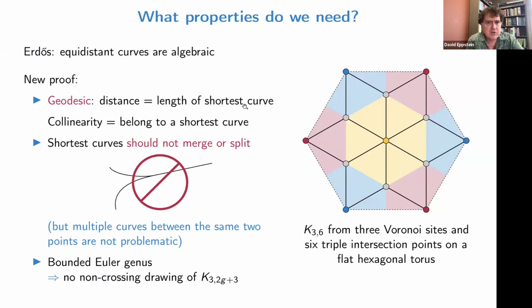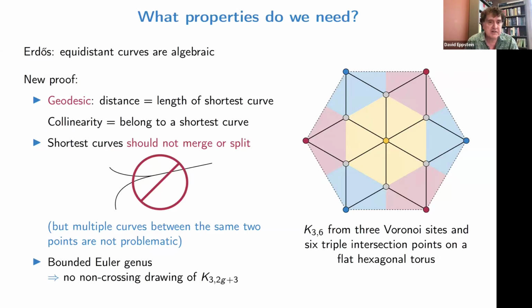Using the notion of a shortest curve, we can define what it means in any of these metric spaces for points to be collinear. A system of points is collinear if any triple of them belong to a shortest curve. It turns out that what we need is not quite the fact that there's a unique shortest curve between any 2 points.